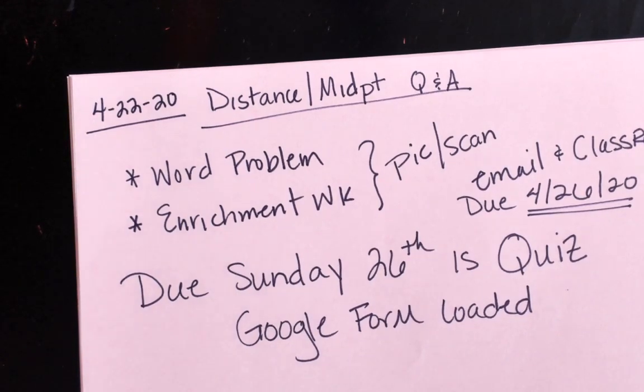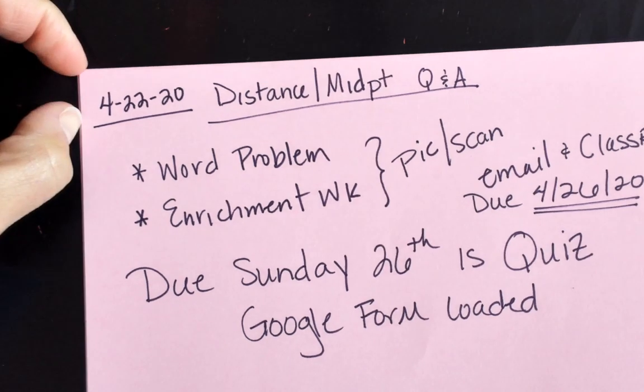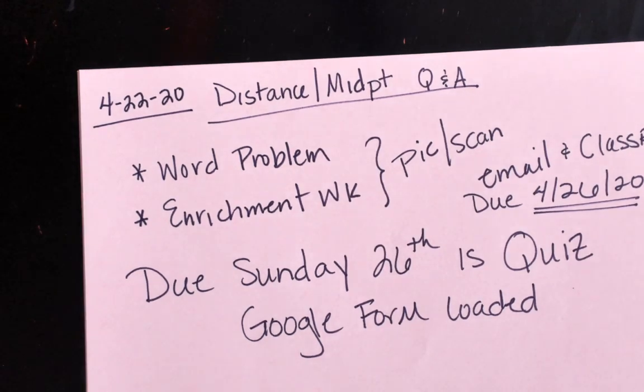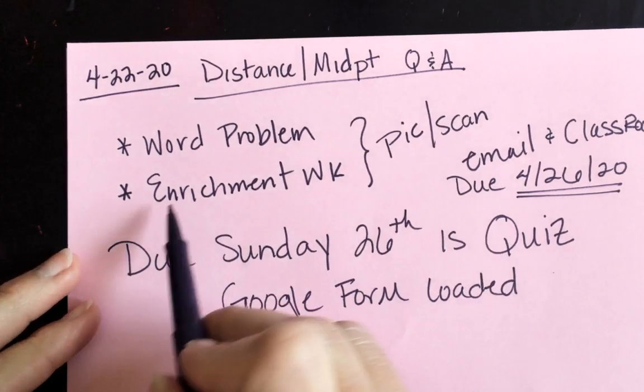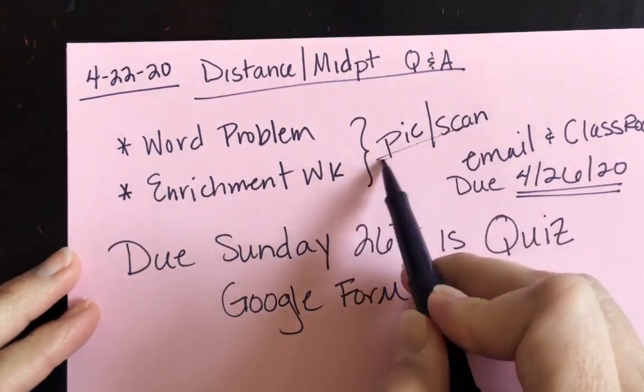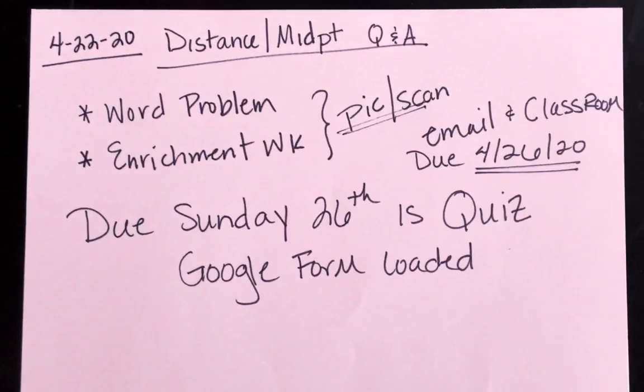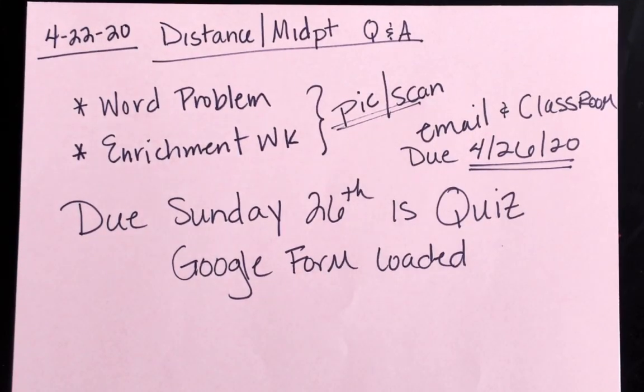I'm hoping we're using our resources wisely. I do want to see that we're putting in some effort because this isn't permanent, us being at home, and we need to continue to progress to get ready for next year. So, your worksheets, either the picture or the scan to me or Classroom, preferably by the 26th.